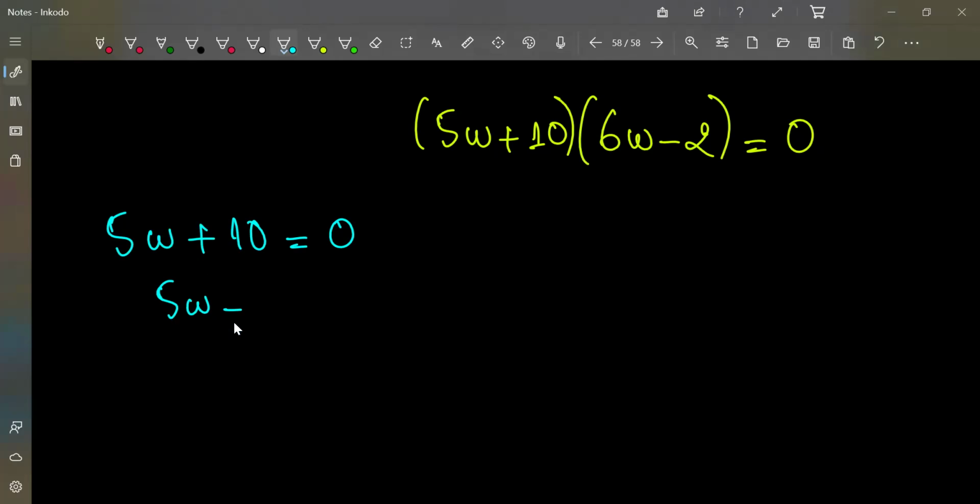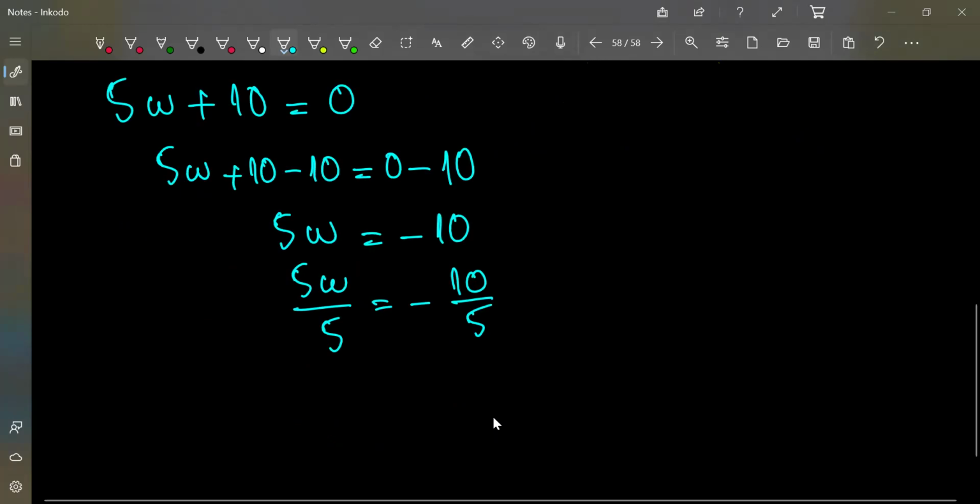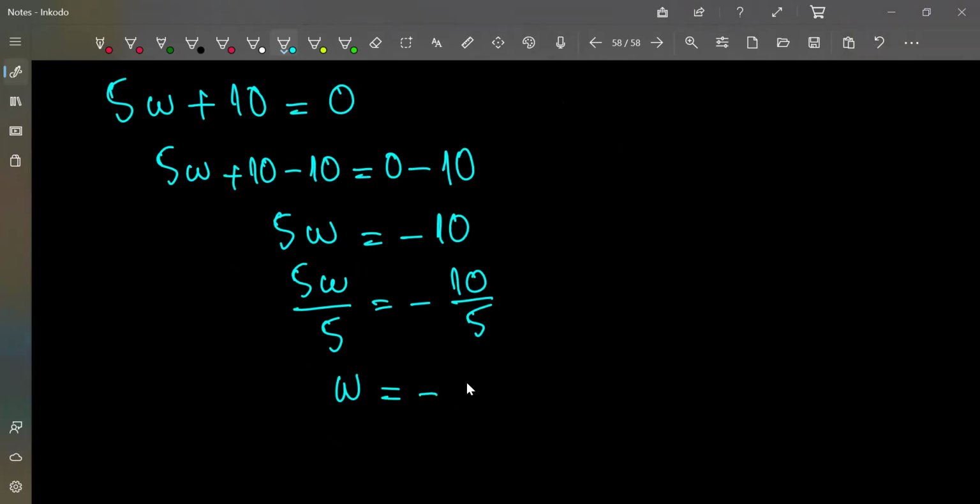Then we can add negative 10 to both sides. So we get minus 10. So 5w is equal to negative 10. And divide both sides by 5. Now, the result is w is equal to negative 2.